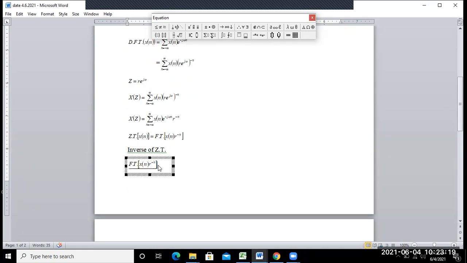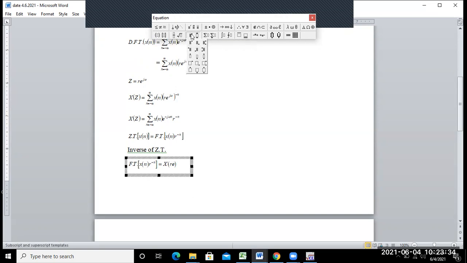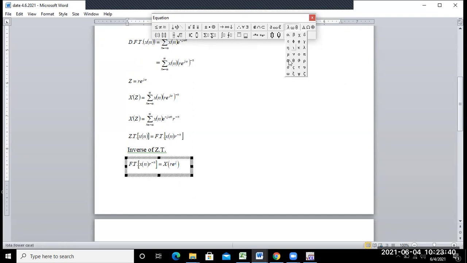Equal to X of r e to the power j omega. Okay.